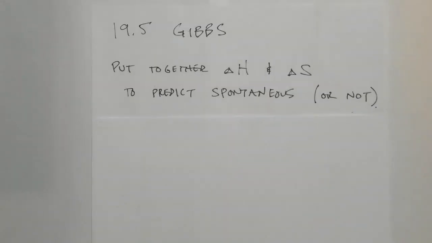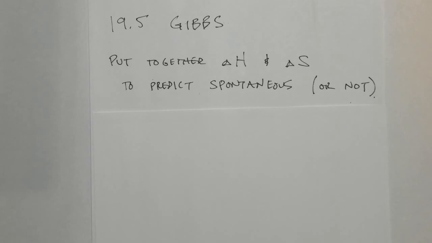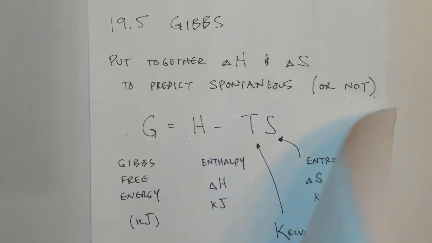Well, now we're set to be able to put together H and S to predict whether a reaction or a system or a process will be spontaneous or not, whether something will happen without outside intervention or not.